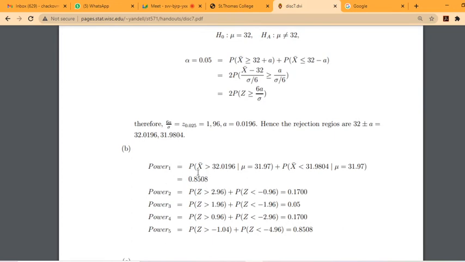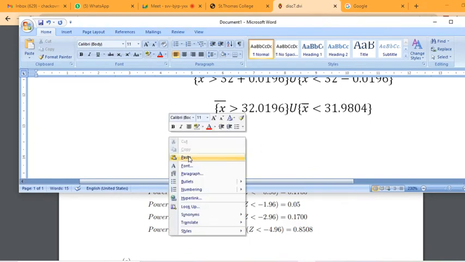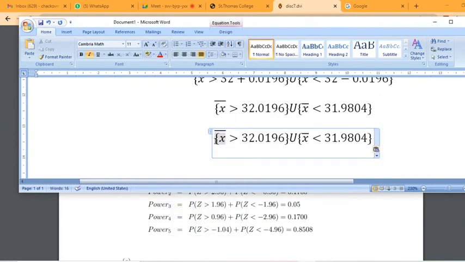Power is the probability of X bar in the first rejection region given the alternative hypothesis, plus the probability of X bar in the other region given this value. So how can we compute that value? It's very easy. You have to compute the probabilities. We can compute this as plus, because they are different disjoint regions.